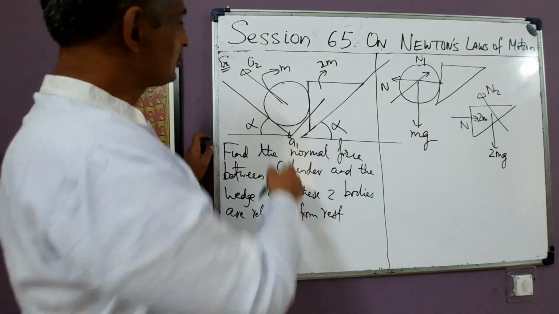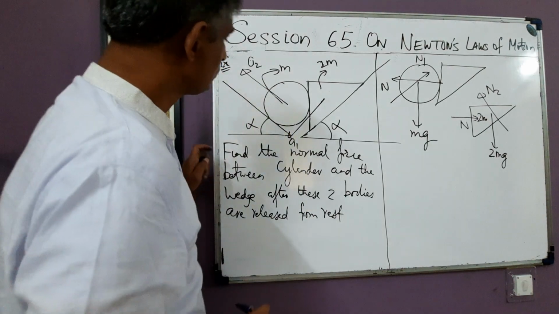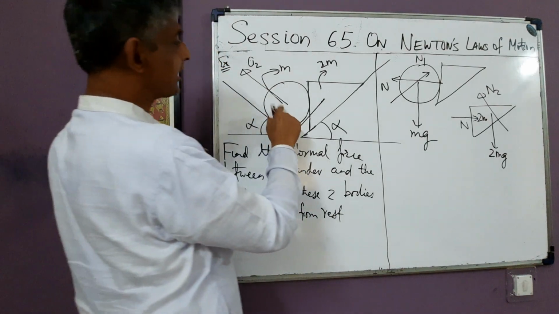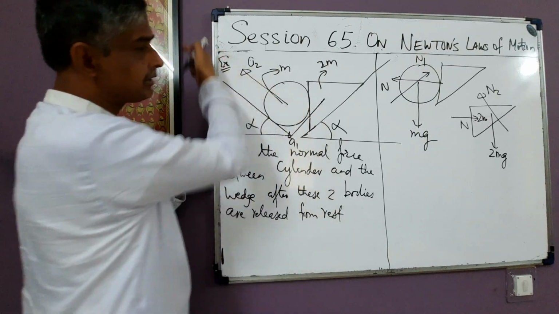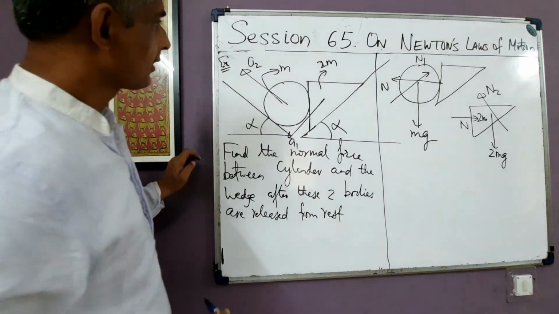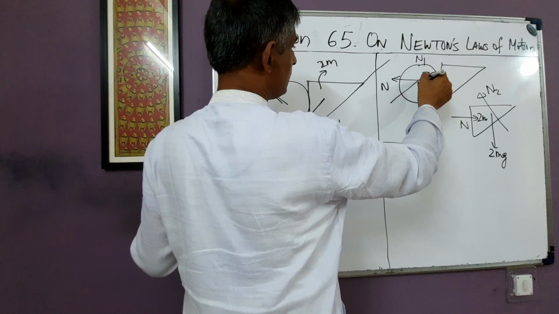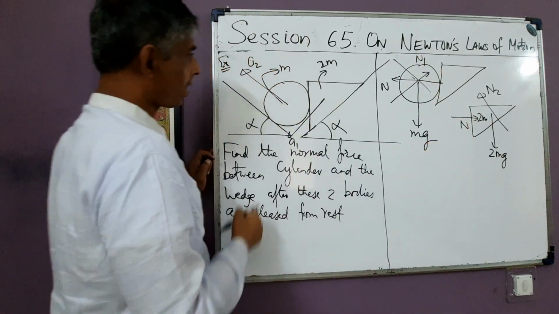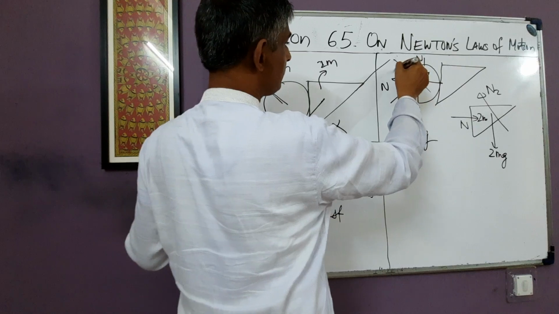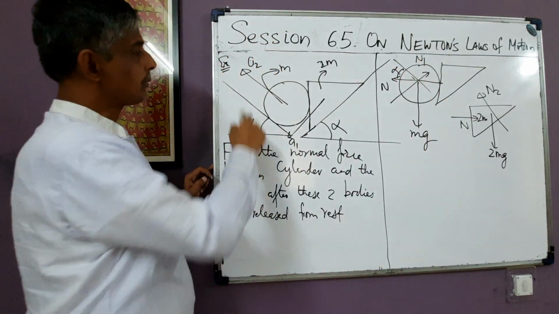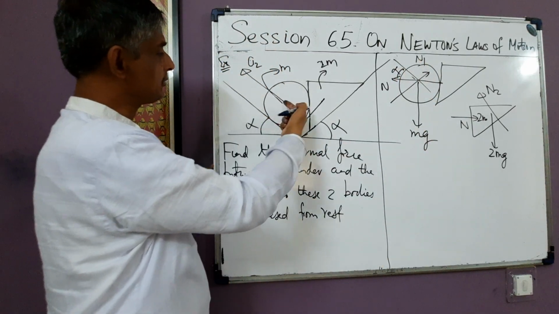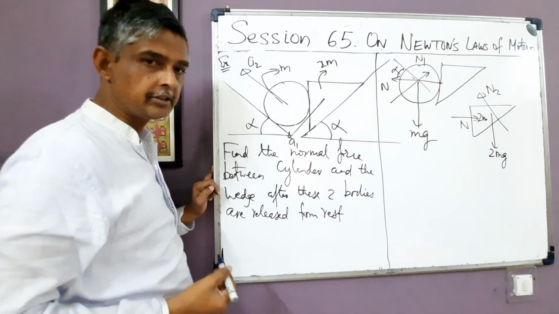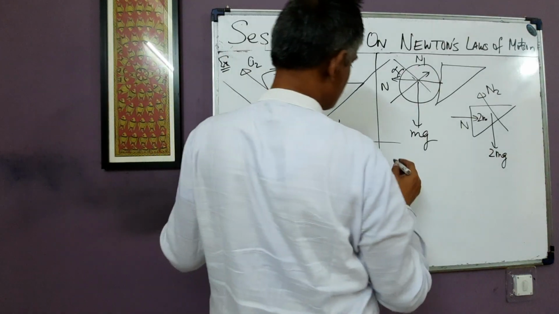So now all the accelerations have been shown. Now I apply Newton's second law to the cylinder with respect to the ground up the incline. If I draw this line parallel to this, then this angle becomes alpha. So what do I write?